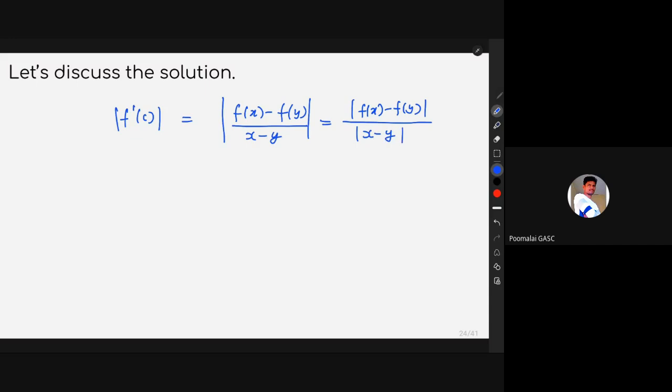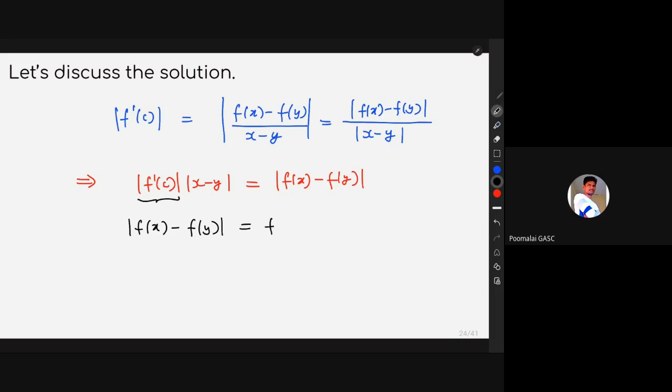And now this further implies that f prime of c times (x minus y) is equal to f(x) minus f(y). Now let me further rearrange the equation.